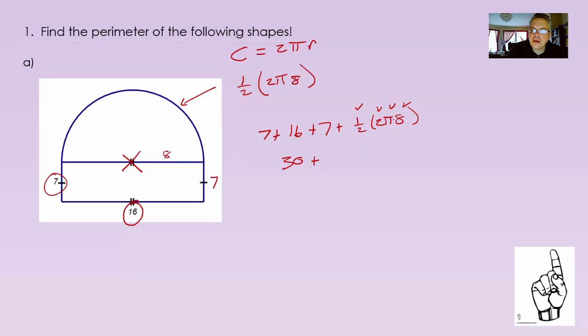We can multiply the half, the 2, and the 8, and 1/2 times 2 is 1, times 8 is 8, and we still have the pi, so it's 8 times pi. This is actually an exact answer for this problem. You can find a decimal if you wanted, but let's keep it exact for this video and this assignment. So the exact perimeter is 30 plus 8 pi.